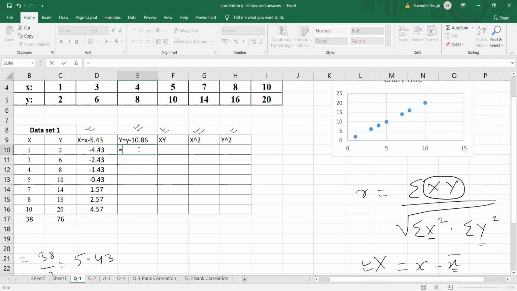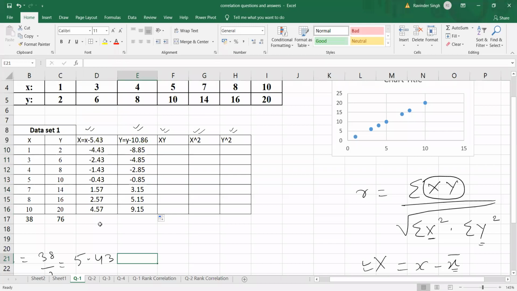Similarly, this is equal to the Y value minus the mean of Y, which is 10.85, right? Enter. Once you have entered, we just drag this down, and it will calculate the capital Y values. We also check the summation of that.